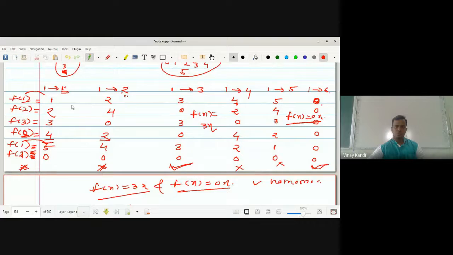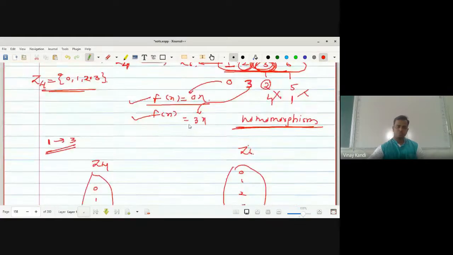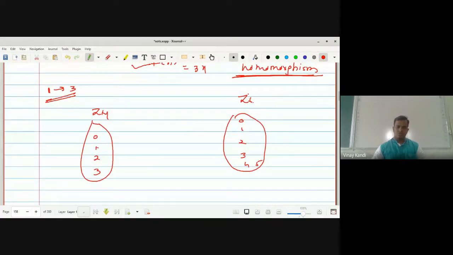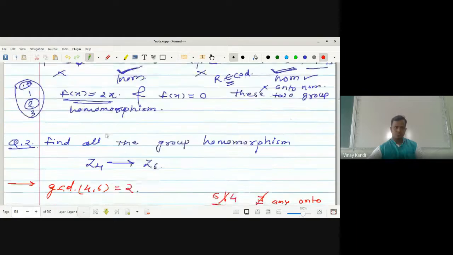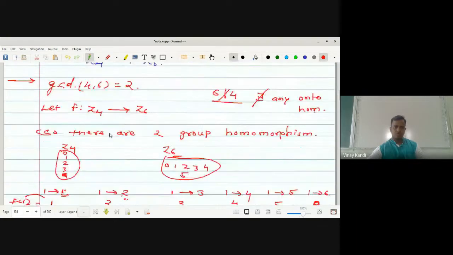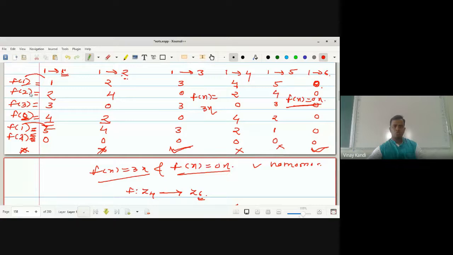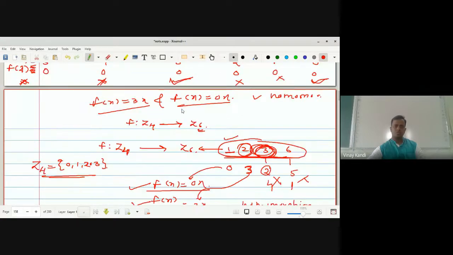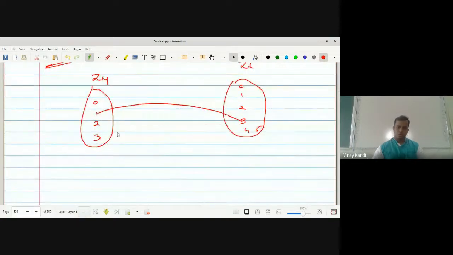Here 1 maps to 3, 2 maps to 0, 3 maps to 3, 0 maps to 0.